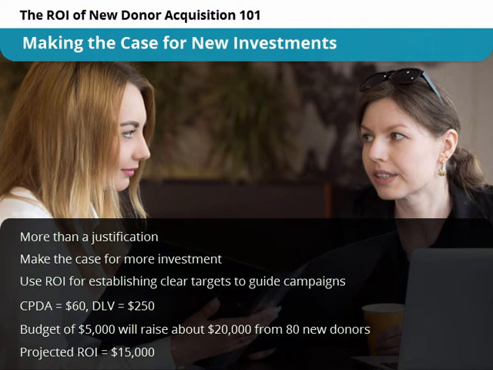That's a projected ROI of $15,000. Not only is that a strong justification for new investment, it also will provide you and your board clear targets and goals to guide the campaign and future decision-making.